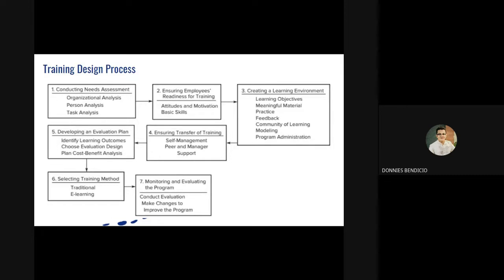Okay, so step number 5 is to develop an evaluation plan. Developing an evaluation plan includes identifying what types of outcomes training is expected to influence, for example, learning or behavior or skills that need to be evaluated. So choosing an evaluation design that allows you to determine the influence of training on these outcomes.